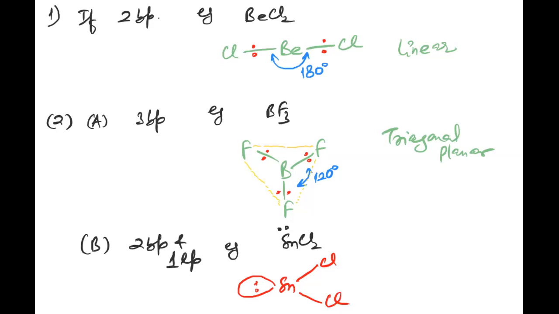But now this angle should be less than 120 degree, as we have more lone pair bond pair repulsion in comparison to bond pair repulsion. The shape of this molecule is bent, also known as angular. So in the case of SnCl2, the shape is found to be bent or angular.